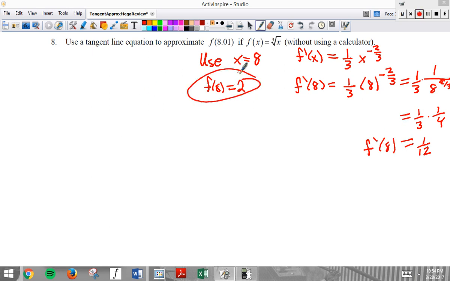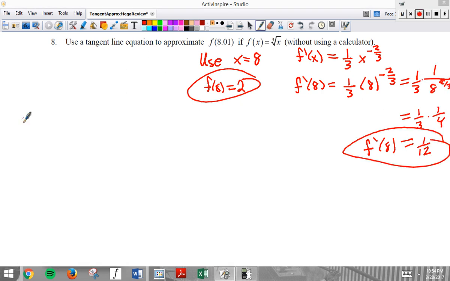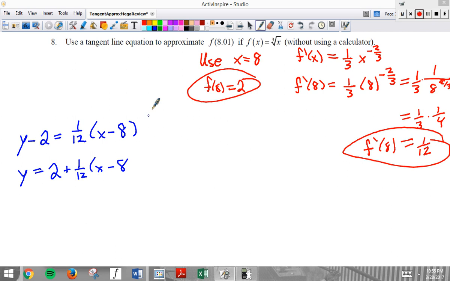So I have my point. I have my slope. Change color. Y minus 2 equals 1/12 x minus 8. Y equals 2 plus 1/12 x minus 8.